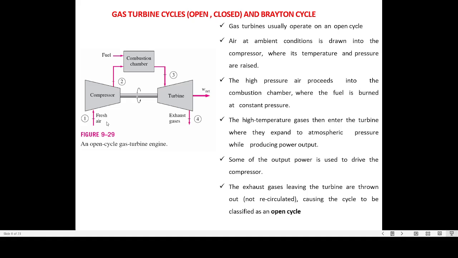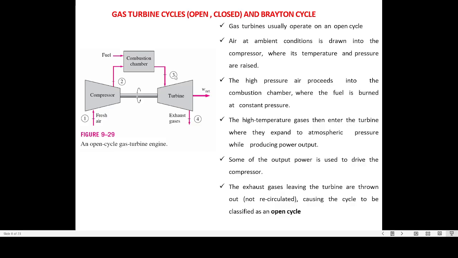State point 1 shows the condition of the fresh air, the atmospheric air at atmospheric pressure 1.01325 bar. Okay, so that is the inlet condition for the air to the compressor. State point 2 represents the condition of the air that leaves the compressor or enters the combustion chamber, that is, after the compression.